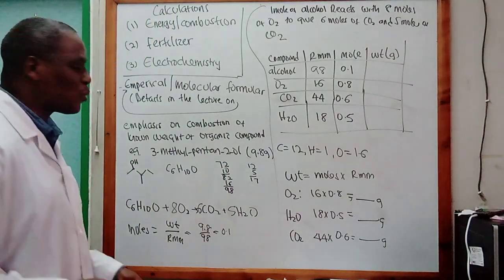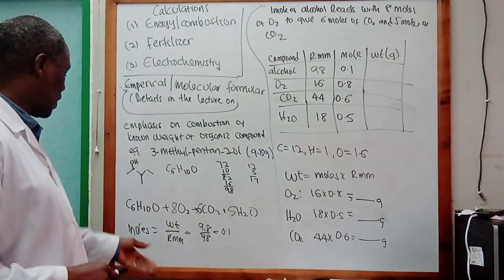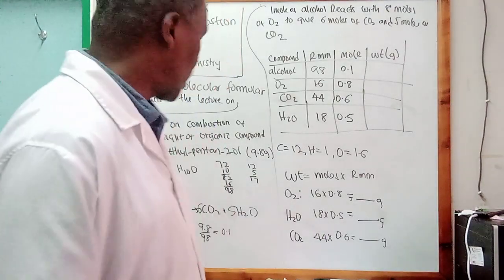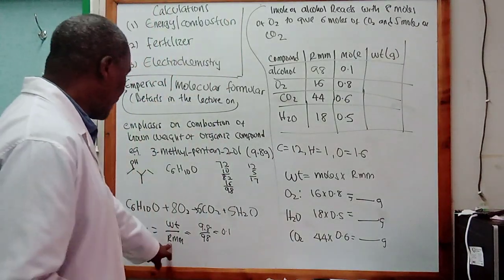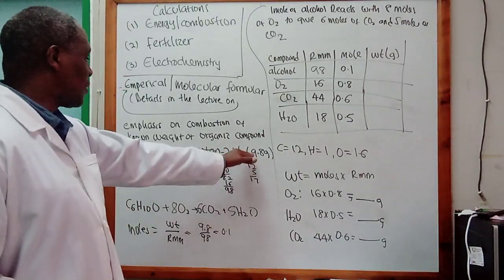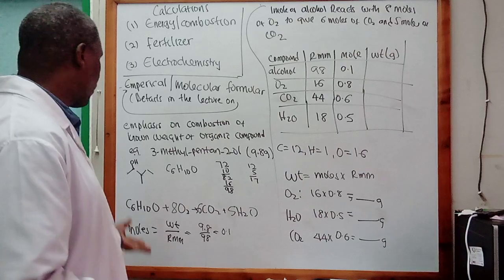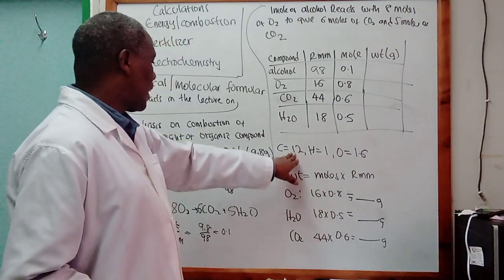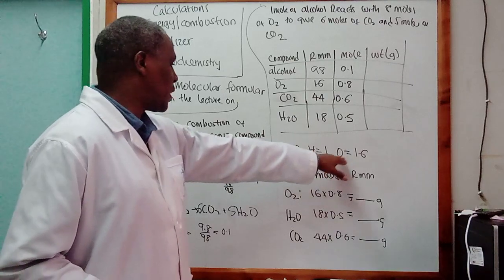Something which you also need to know is that the number of moles is given by the weight divided by the relative molecular mass. In this case, if it is 9.8 grams, and from the relative molecular mass, carbon is 12, hydrogen is 1, and oxygen 16.